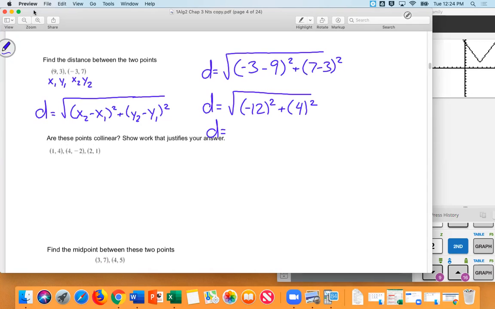So d equals the square root, -12 squared is 144, 4 squared is 16. So I get d equals the square root of 160, which is a little closer to 169. So I'm going to say it's about 12.65. That's my guess.